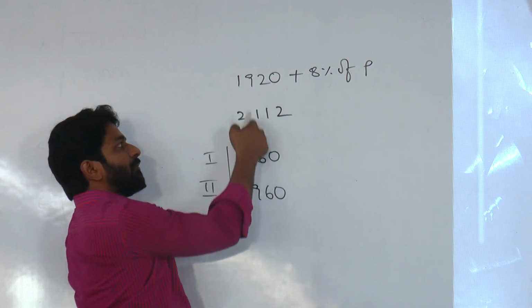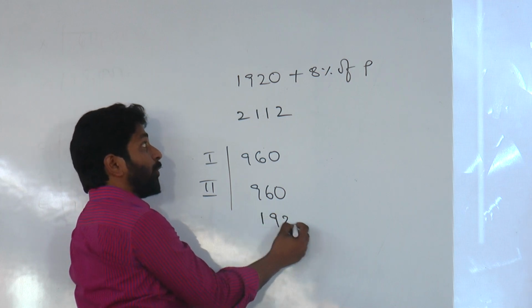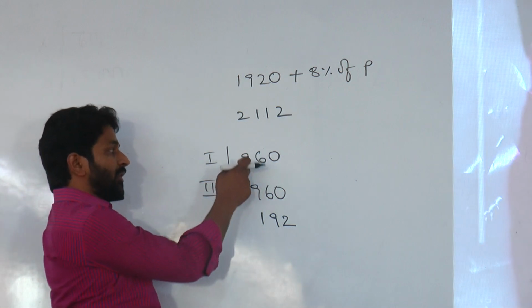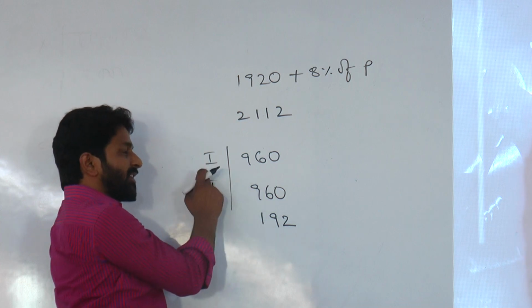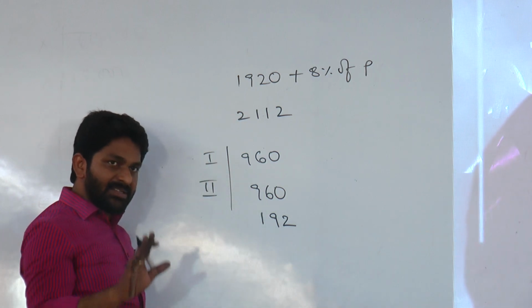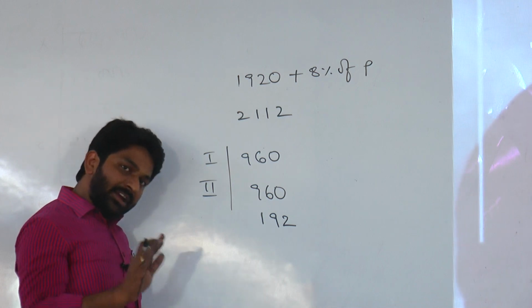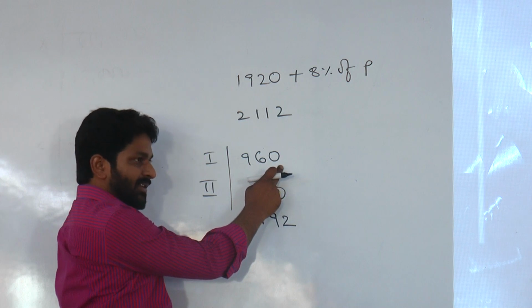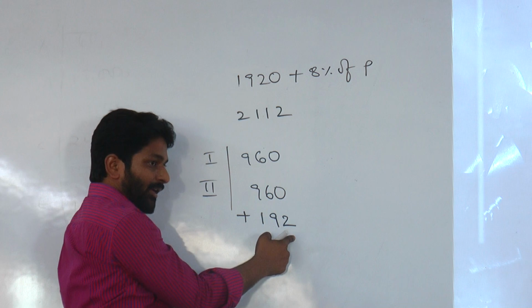Difference between these two numbers is 192. So in the first year there won't be any difference between simple interest and compound interest, because the principals in both the schemes are the same and the rates of interest are also the same. So the first year compound interest is also 960. In the second year you must get 960 plus 192.